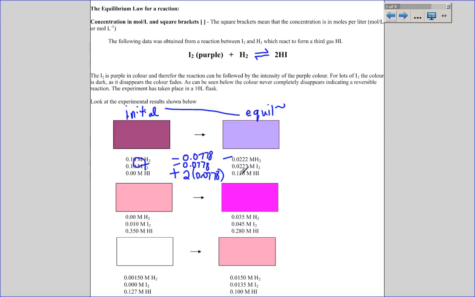So you can go through each of the 4 scenarios and follow that path. You can look at what the change is in the I2 based on its initial and final concentrations, and you can see that the amount of H2 and the HI in the system are calculated using stoichiometry.